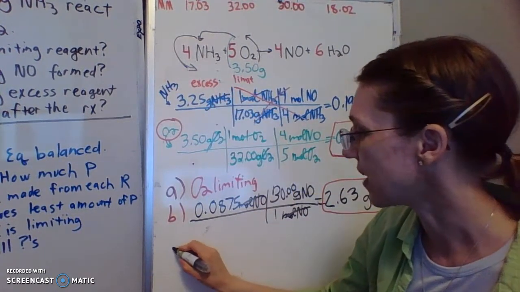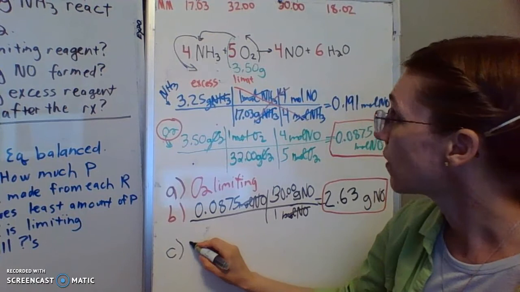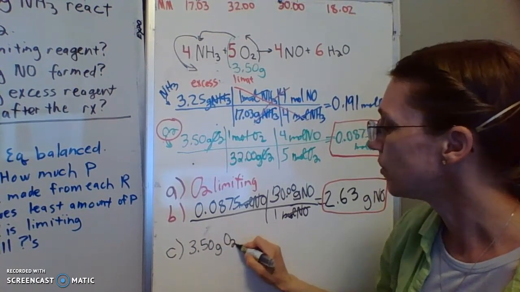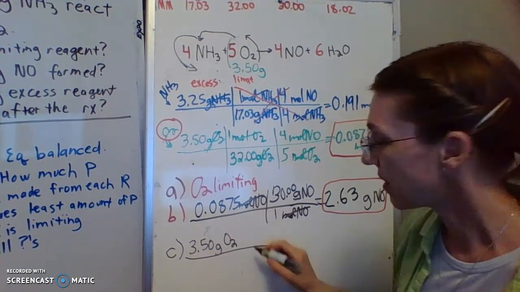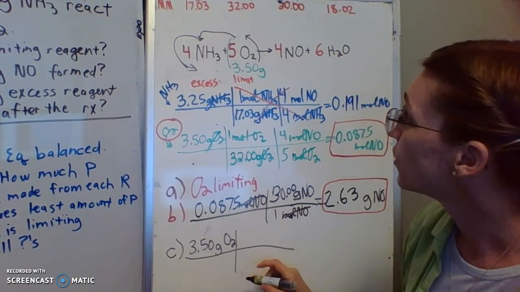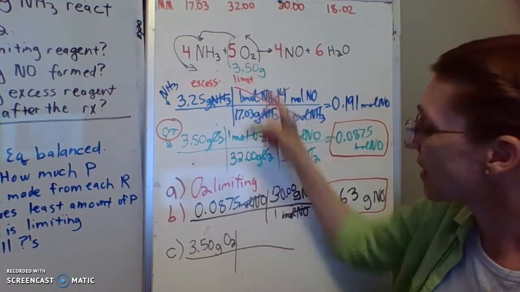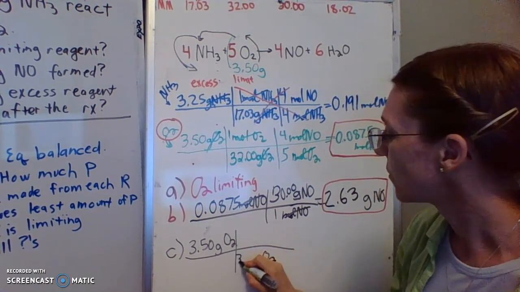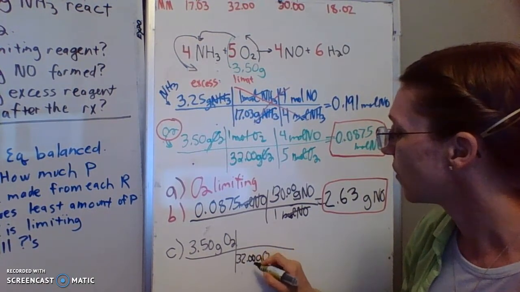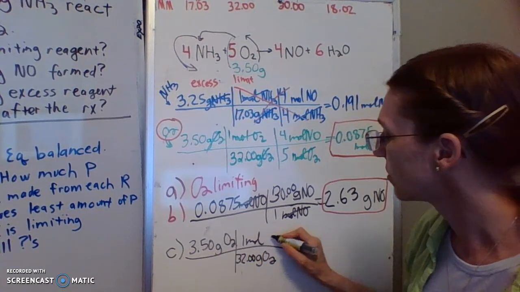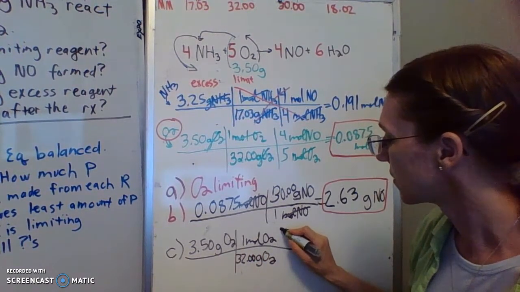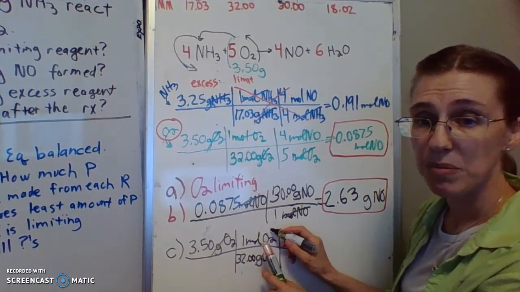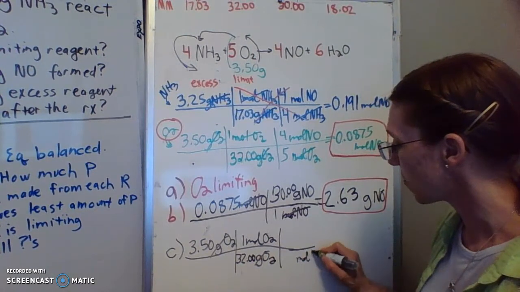All right, so let's go ahead and do that calculation. So first of all, we have 3.50 grams of O2, and we need to get it to ammonia. So we're going to start with our molar mass. Grams are on the top, so grams have to be in the bottom. It's 32.00, and it's always per 1 mole. Now, moles of O2 are on the top, so moles of O2 have to be at the bottom.